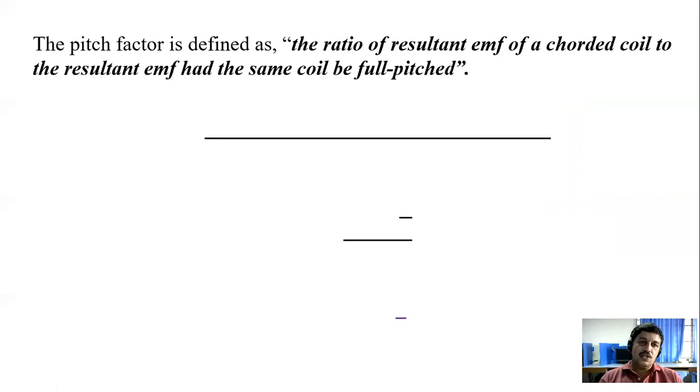The pitch factor or coil span factor is defined as the ratio of the resultant EMF of a chorded coil to the resultant EMF had the same coil been full pitch. That means we define the pitch factor as the ratio of the resultant EMF induced inside a short pitch coil to the resultant EMF induced in the same coil when that coil is considered to be a full pitch coil.